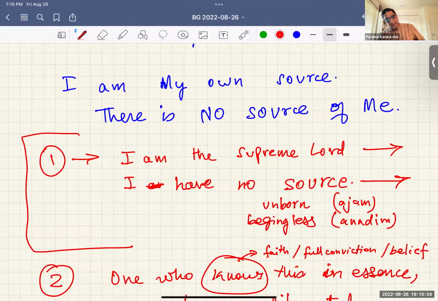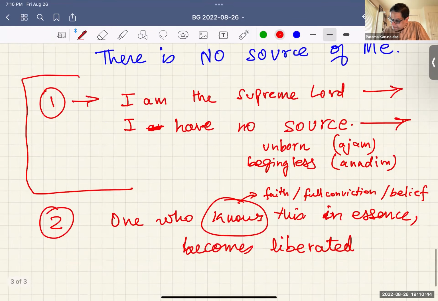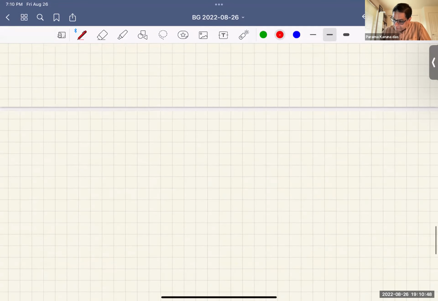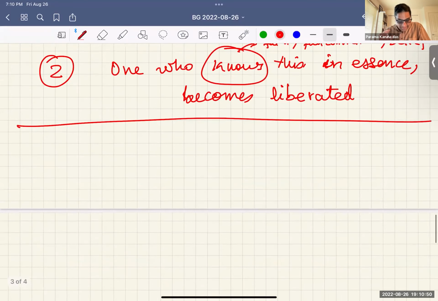Bhoktaram yagyatapasam sarvaloka maheshwaram, suhridam sarvabhutanam gyatva mam shantim ricchati. Same thing Lord Krishna is saying here, that Veti loka maheshwaram, that I am the supreme Lord of all that exists. So that is the first point. And the second point is, what happens when one clearly knows this or understands this very, very clearly.